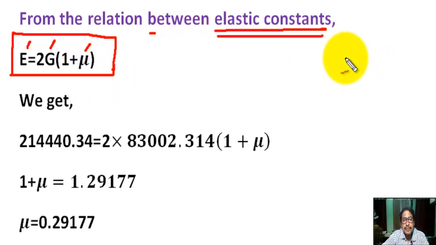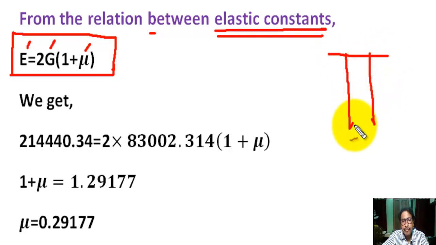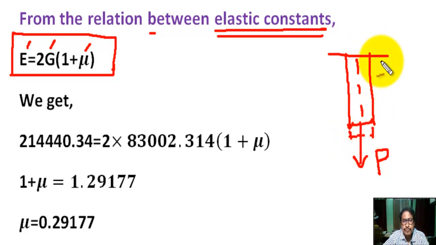Poisson's ratio means if a bar is under tension, then there is an increase in length. So longitudinal strain equal to increase in length by original length.